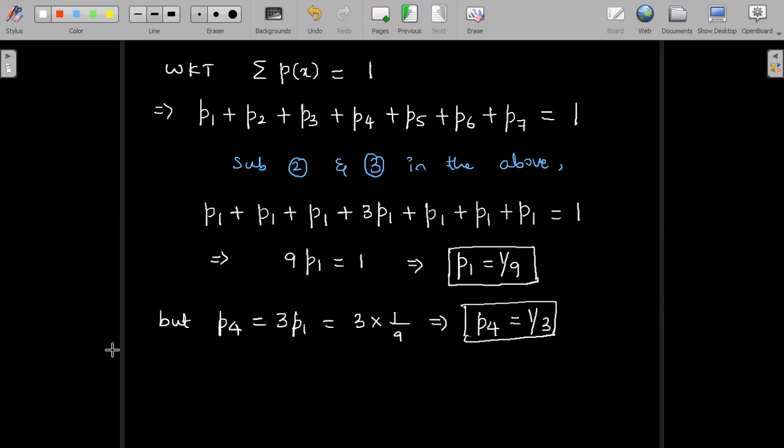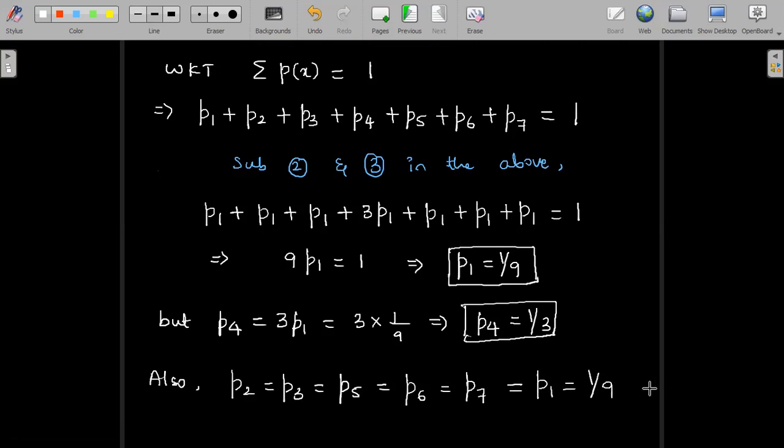P2, P3, P5, P6, P7 are all equal to P1 itself, which in turn is equal to 1 by 9. P4 only has a separate value, which is 3P1, so we obtained P4 equal to 1 by 3.